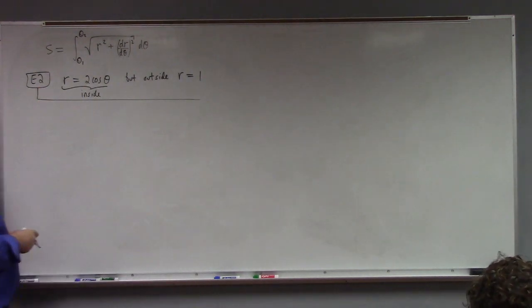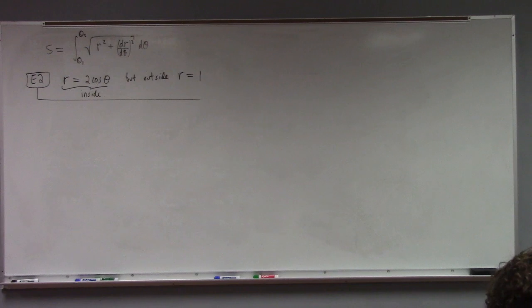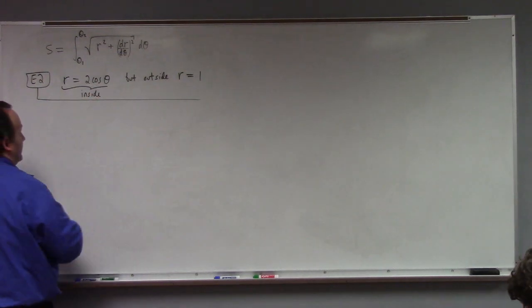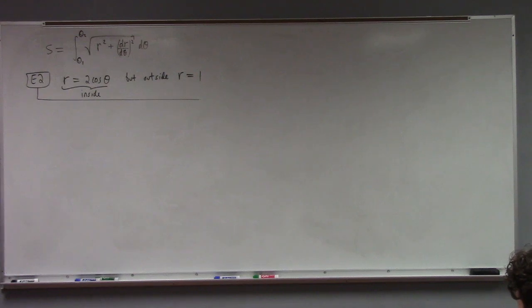So with a problem like this, a large part of the difficulty is just figuring out what the graphs actually look like, right? So for my money, when I've got something like r equals 2 cosine theta, the easiest way to proceed is algebraically.